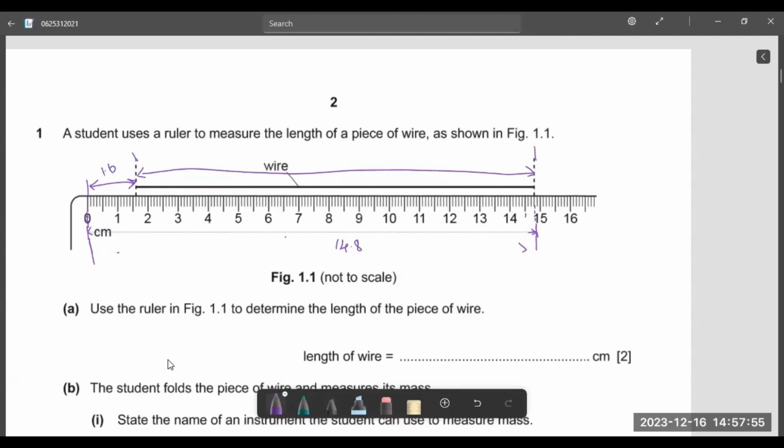This is 1.6 centimeter. So for finding the length of this wire, we can subtract, that is up to here it is 14.8 and up to this length it is 1.6. So 14.8 minus 1.6 will give the length of the wire, that is 13.2 centimeter.